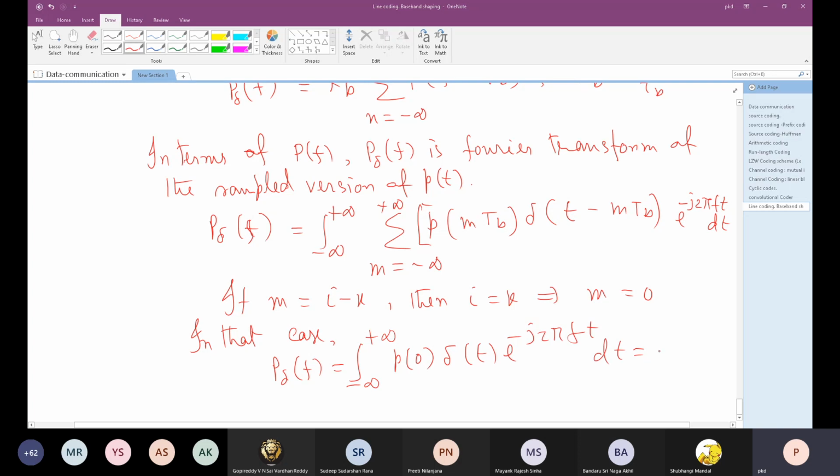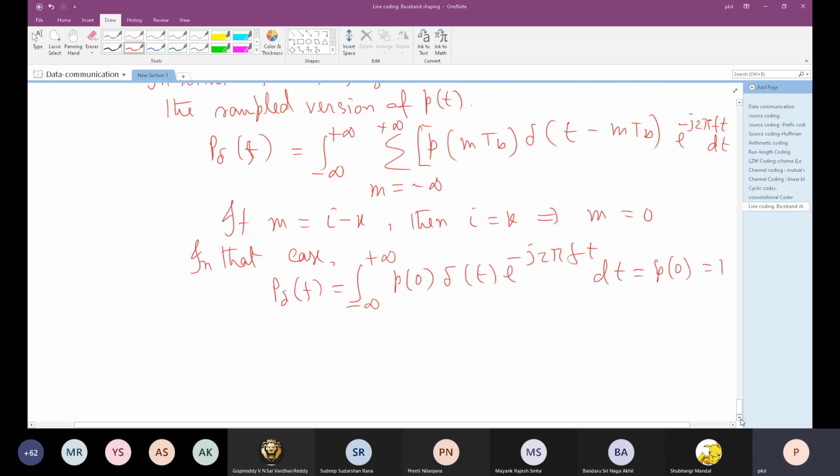That is equal to p(0), which is equal to 1.